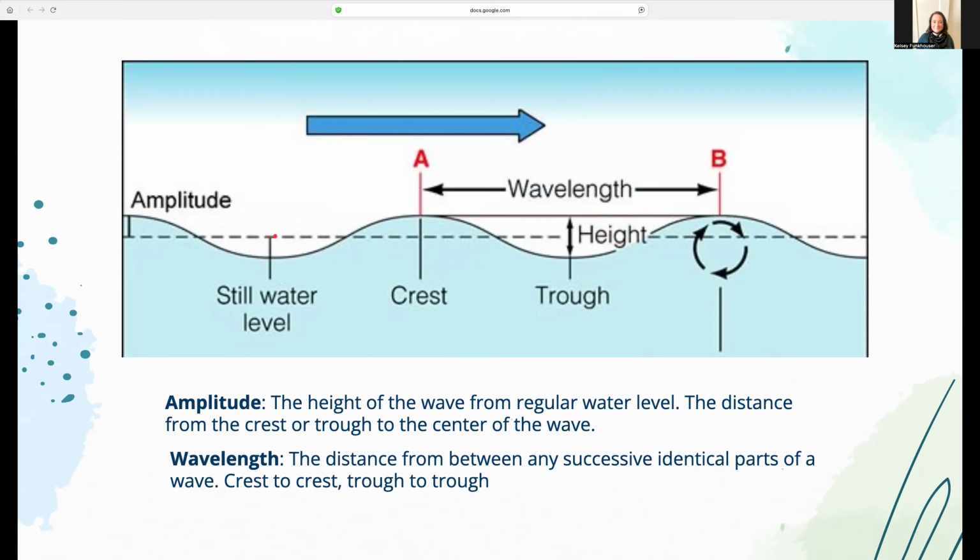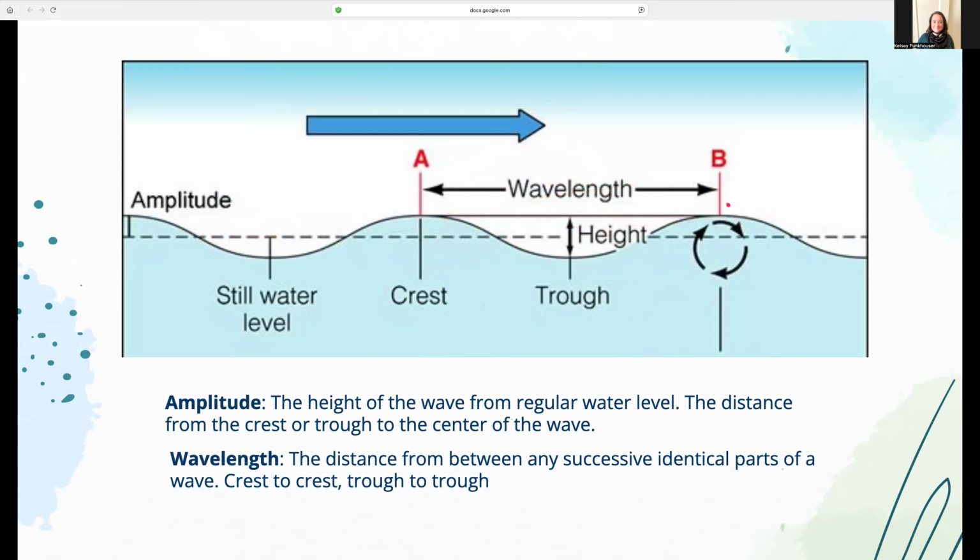Then there's the wavelength, and that's the distance between any successive identical parts of a wave. How a wave works is it's just the same shape continuing on. So one wavelength is just from one of the same part of the wave to the next.